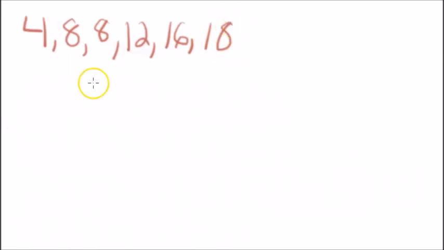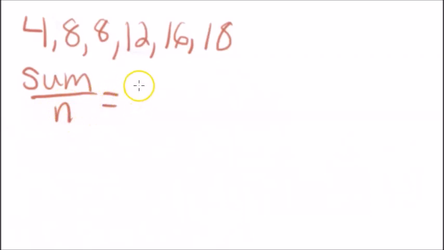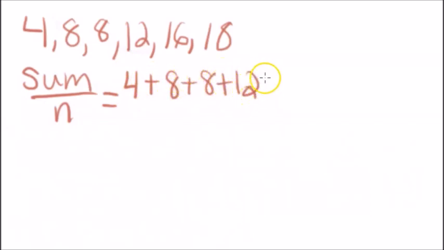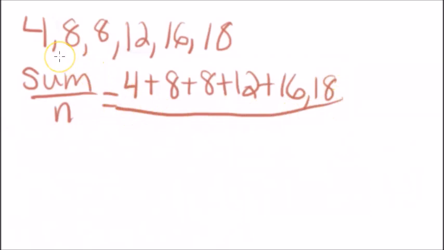Again, let's start with calculating the mean. So we have the sum of all numbers over the amount of numbers we have in the data set. So we have 4 plus 8 plus 8 plus 12 plus 16 plus 18 all over 1, 2, 3, 4, 5, 6.